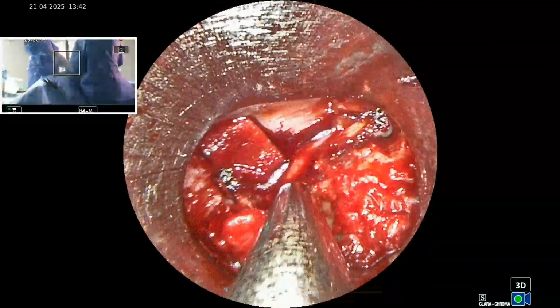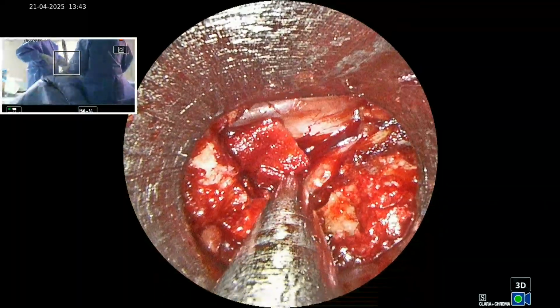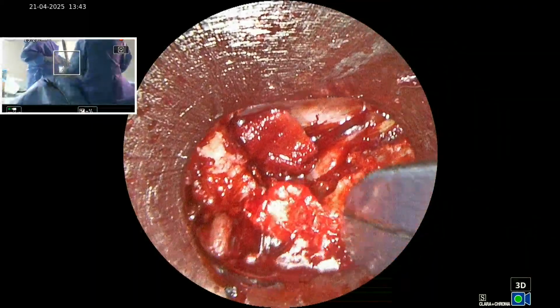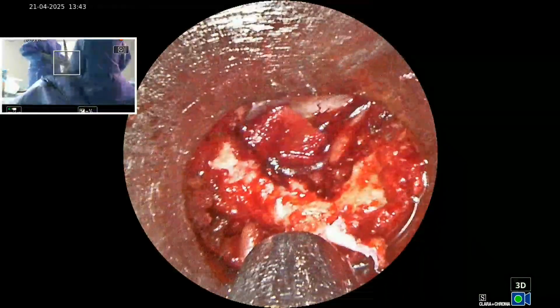A lot of osteophytes are here, disc forceps. Now very nicely decompress the nerve root.